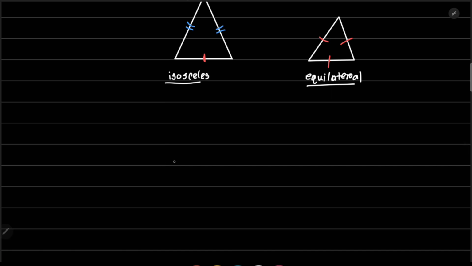For a scalene triangle, all sides have a different length. This is the longest side, this is slightly shorter, this is the shortest side. So all three of them are different in length.